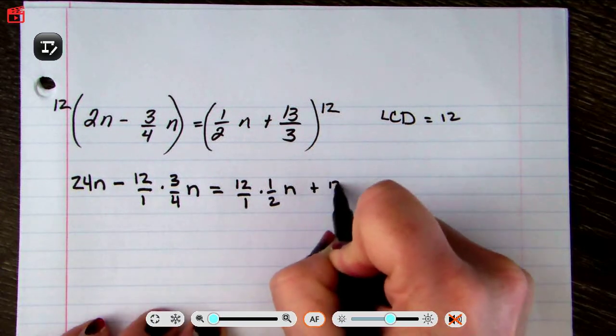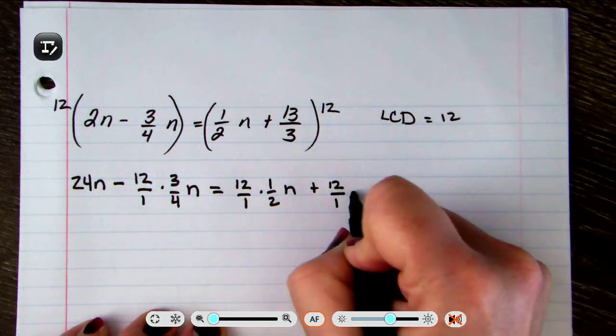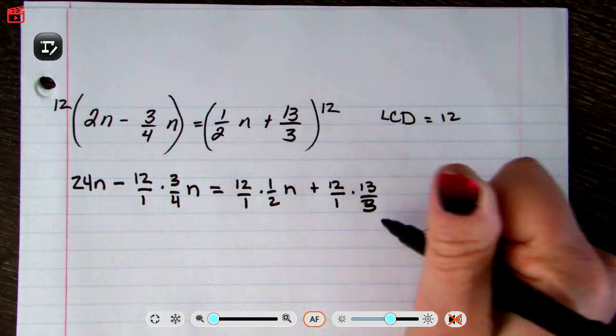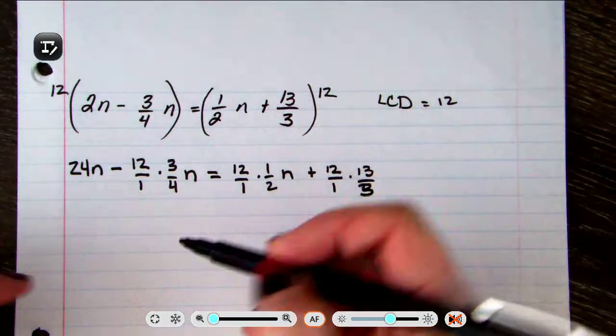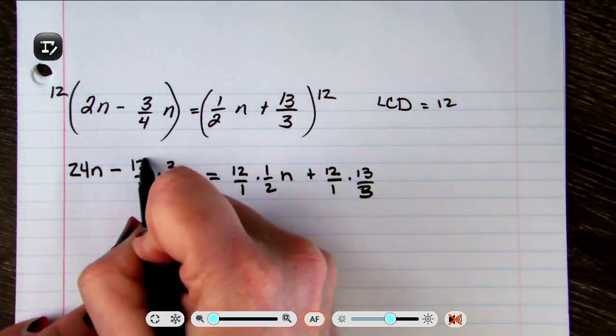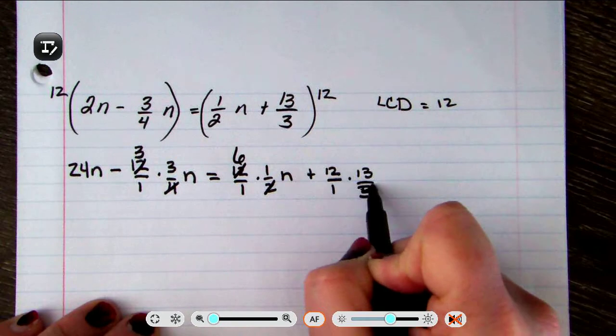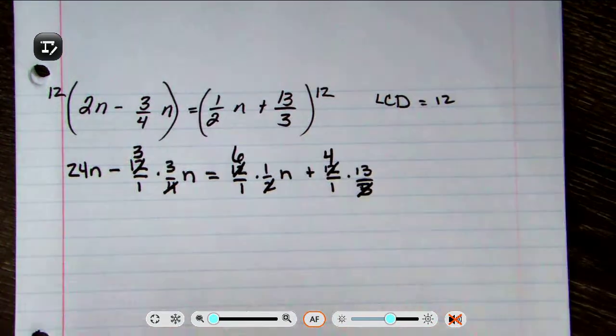And again, like I said before, some of you might be able to skip this part, and go right to this next piece because you would do that reducing, but I'm going to do it here.